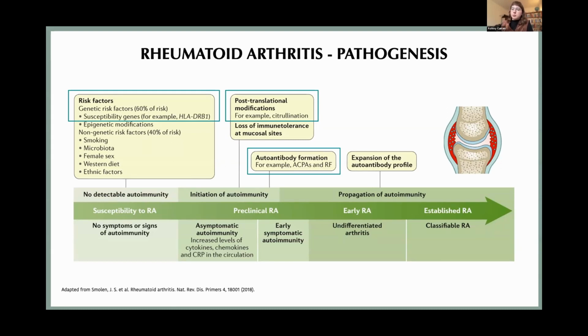So in this case, ACPAs, or anti-citrullinated protein antibodies. The formation of ACPAs is associated with the possession of these particular HLA-DRB1 alleles, which suggests that antigen processing, these are class II alleles, so class II antigen processing, is involved in the pathogenesis of autoimmunity. And so we're interested in how citrullination could potentially change antigen processing and presentation to CD4 T cells. That was the focus of my dissertation.